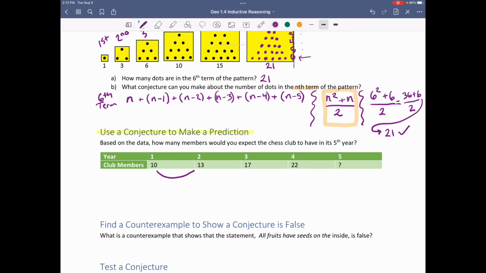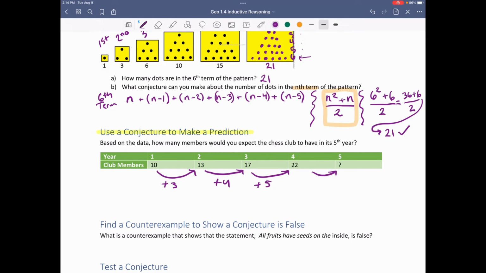So from the first year to the second year, there are 3 more members. And from the second to the third year, there are 4 more members. And here, from the third to the fourth, we have 5 more members. So for each one of the years passing, we added 1 more from the last.